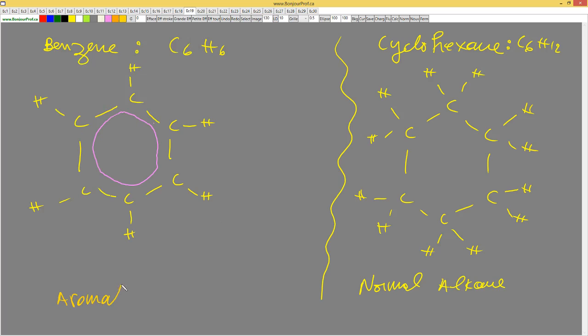As we said, we are going to represent the ring, and we don't have to put the carbons. Usually we draw the benzene like that. So all the compounds that have a benzene like that, we call them aromatics.